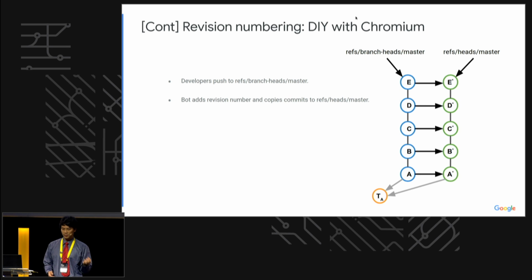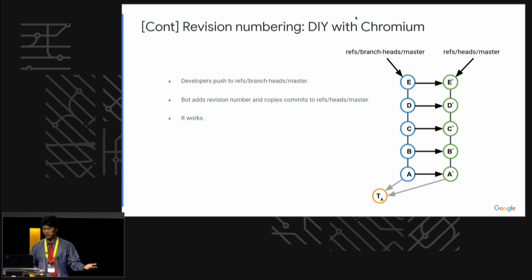For every commit into this branch, they would have a bot that watches the branch and copies that commit over to the main master branch. While doing so, it alters the commit message to attach a revision number. So this works, actually. It worked for many years.